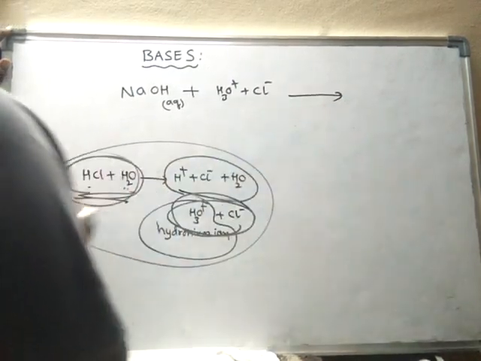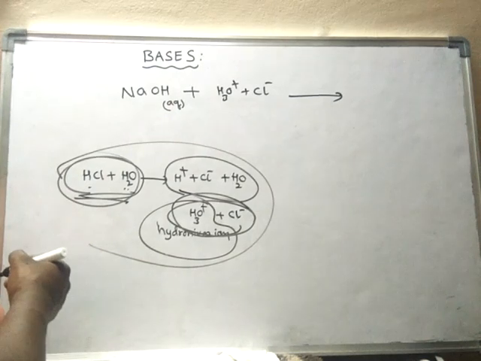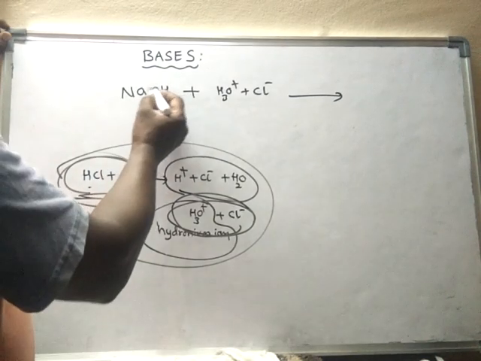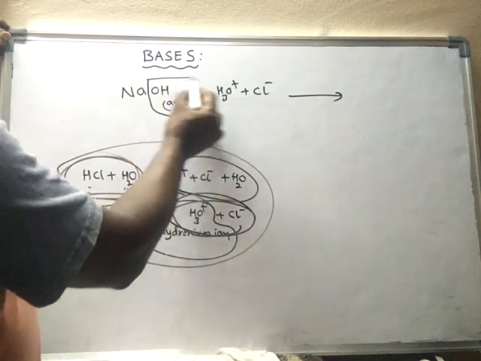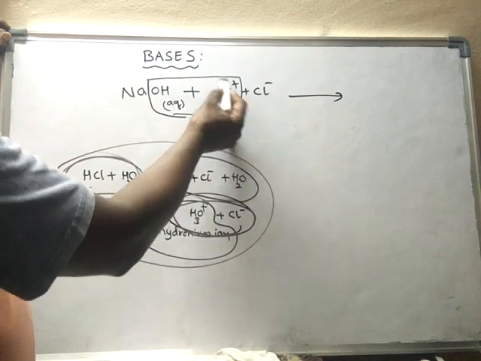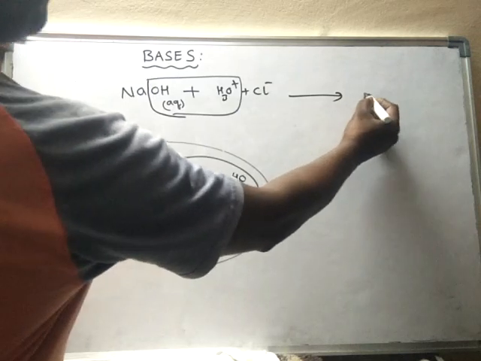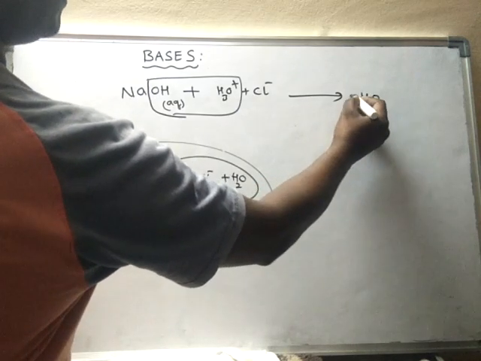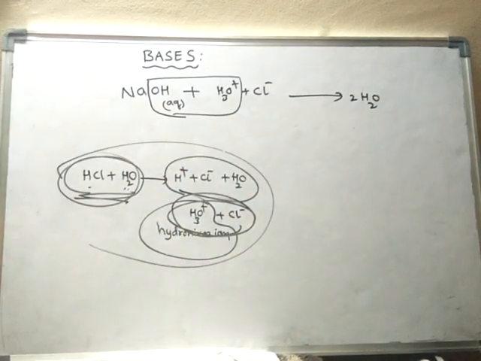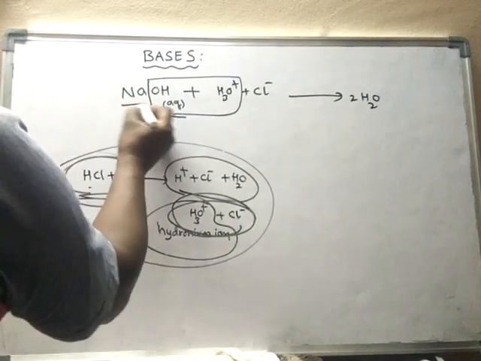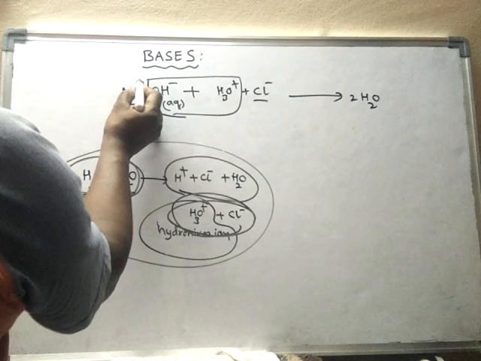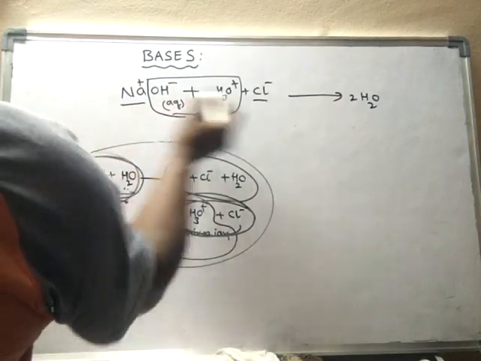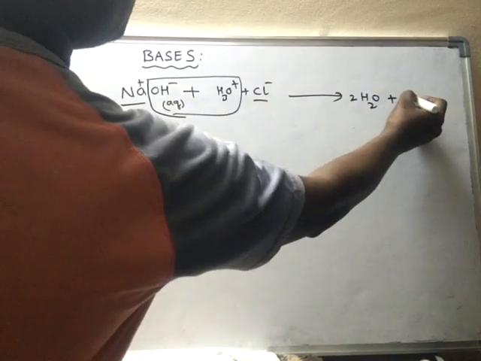What happens with the base? Generally the OH present in the base reacts with the hydronium ion to form water. And this one will combine with this one. Actually Na plus and OH minus, so Na plus will combine with the Cl minus and forms NaCl.